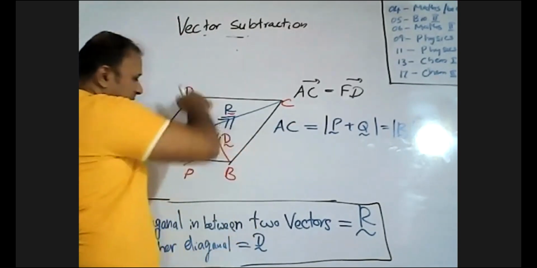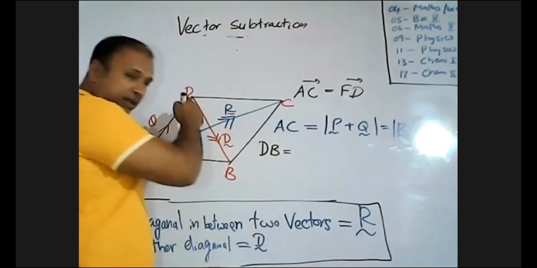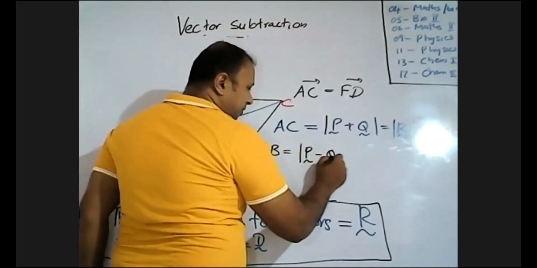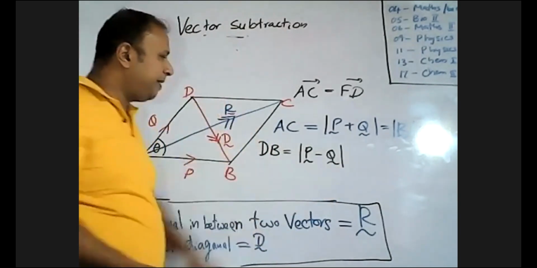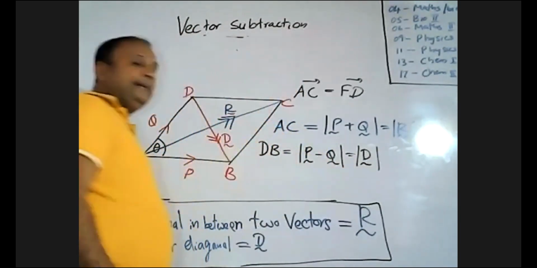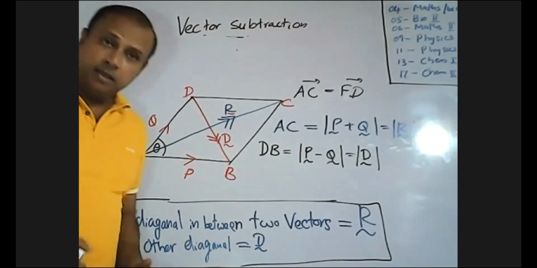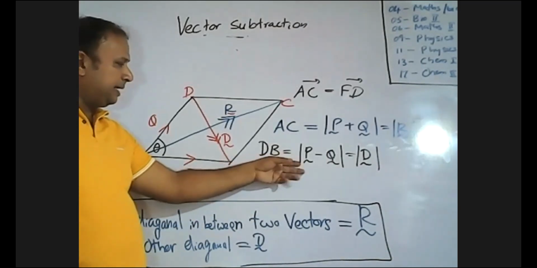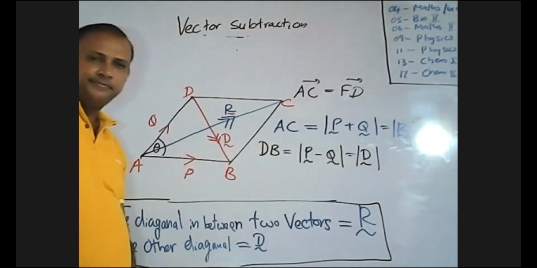Then DB length is equal to the difference. Difference means P minus Q, so modulus of P minus Q. Modulus means magnitude of P minus Q. There may be some questions with this kind of symbols, or this kind of symbols.